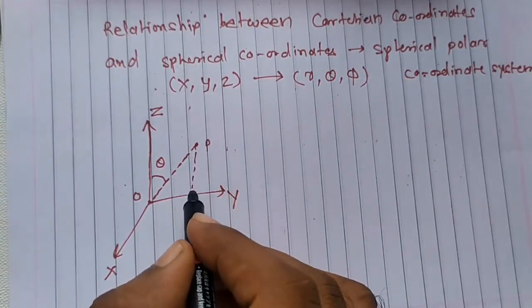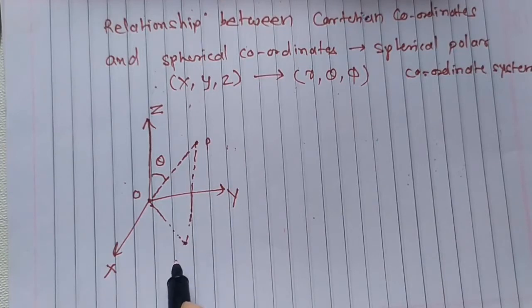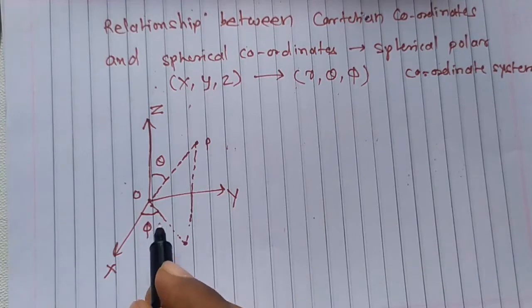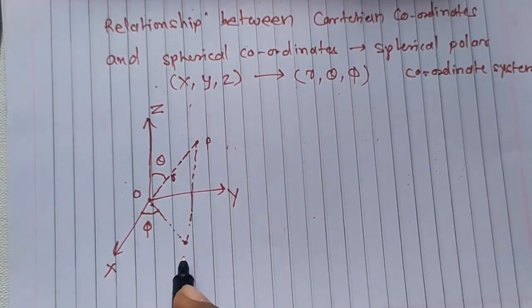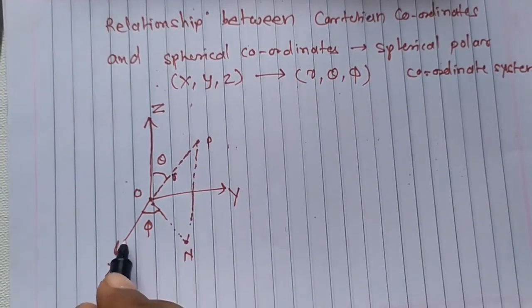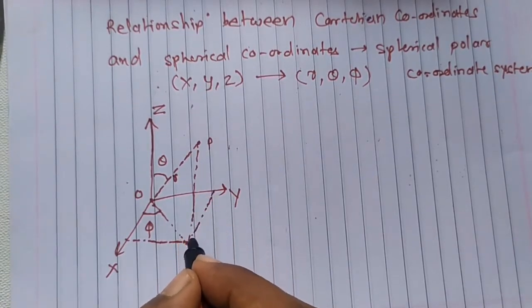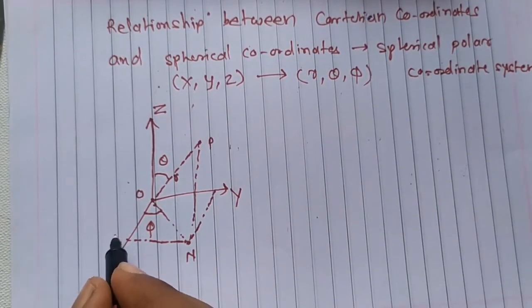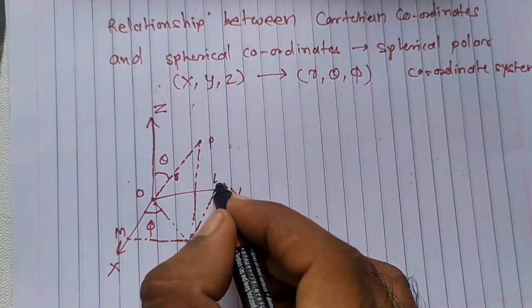If I take the projection of that point on the xy plane, this angle is phi, this distance is r. I will call this point N. If I join this point to the x-axis and again to the y-axis, I will call them M and L.